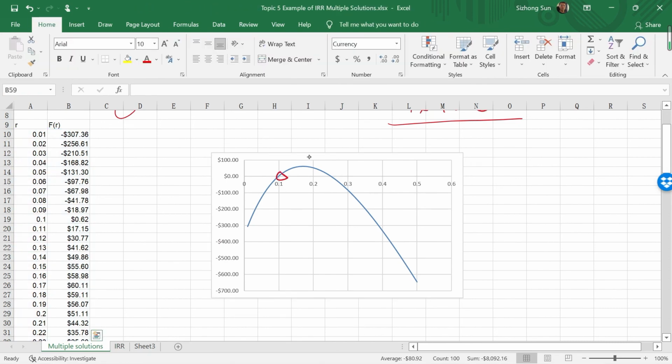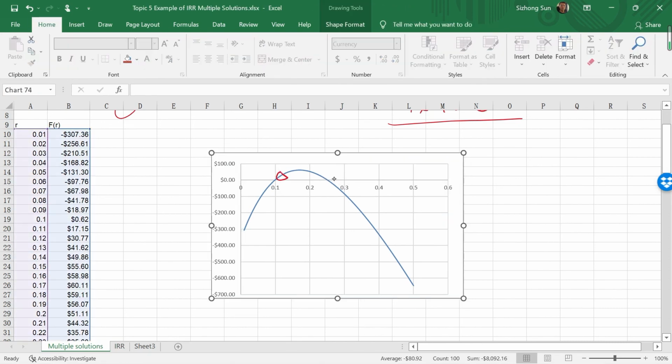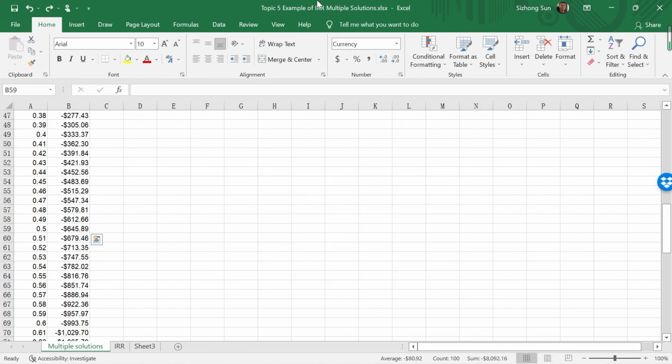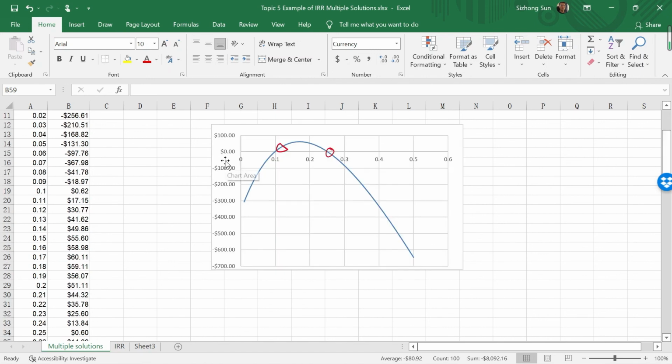One is here, one is here. One is roughly 0.1, the other is like 0.25. So in such cases, we run into problems. We don't know which level of IRR we should use.